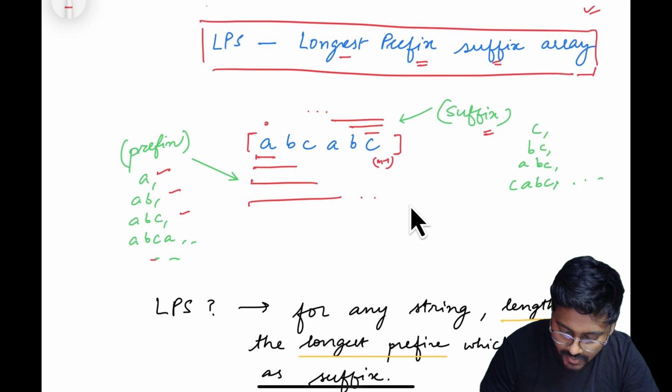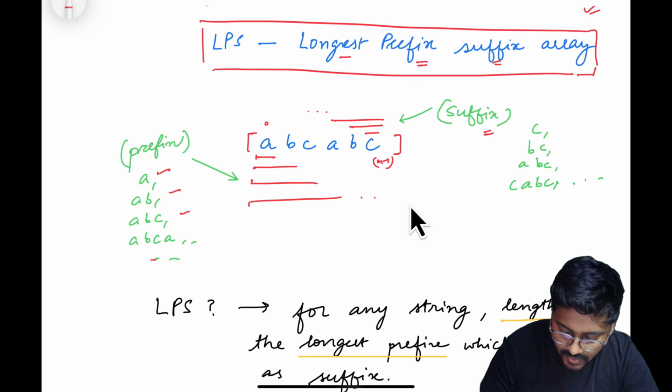But there might be the possibility that we have multiple prefix-suffix matches, and we have to choose the longest one. Here we have only one possibility of size 3, so ABC is our longest prefix which is equal to suffix. And how this LPS array is beneficial, we will understand later on.